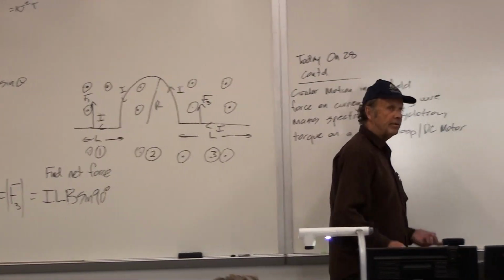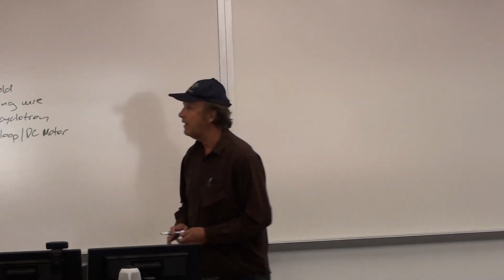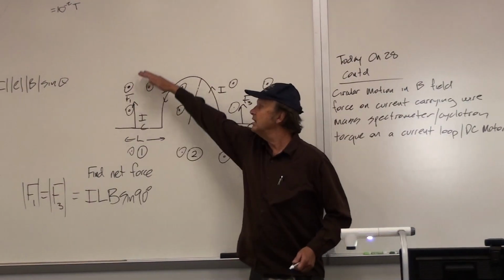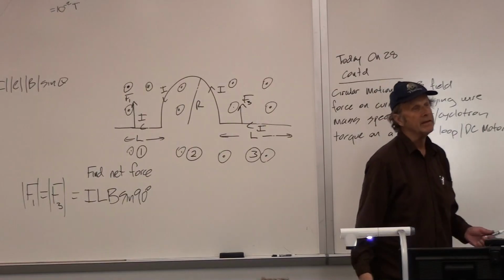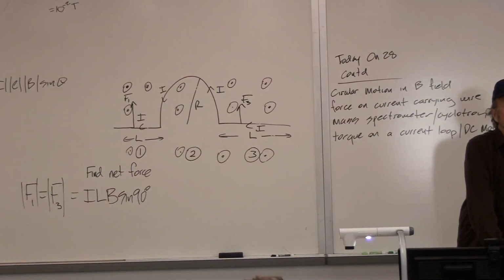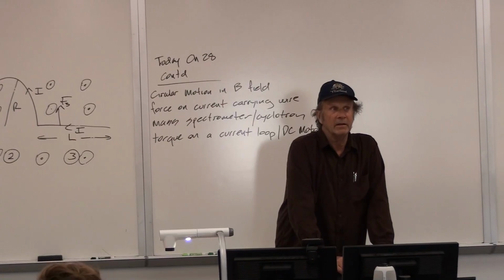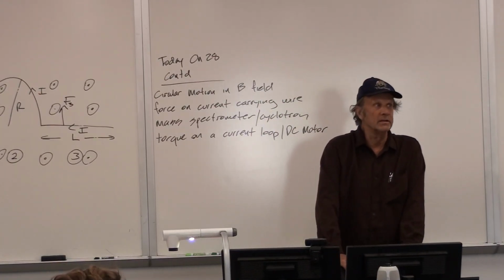Now, we're simplifying this a little bit, because you could have components of the current, say, in the x and the y direction, and you could have components of the magnetic field in x, y, and z. And if that's the case, then you can't simplify it this much. You have to use what's called a determinant to get it.